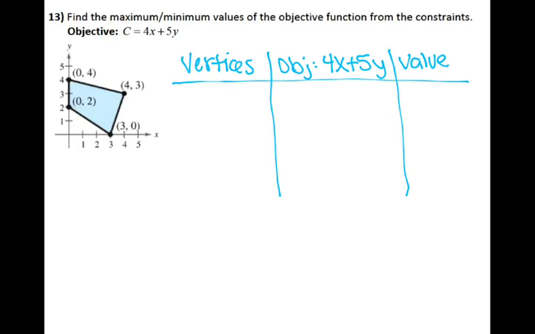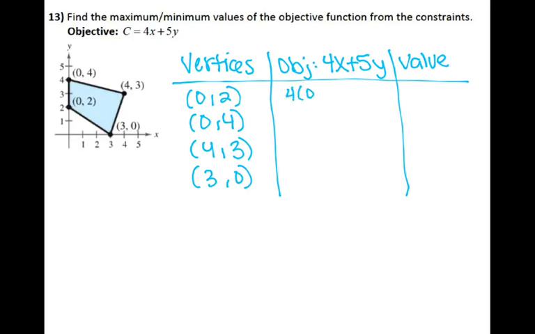So my first vertex is at 0, 2, and then I have 0, 4, 4, 3, and 3, 0. And I'm going to take each one of those vertices and plug them into my objective function. So I have 4 times 0 plus 5 times 2.